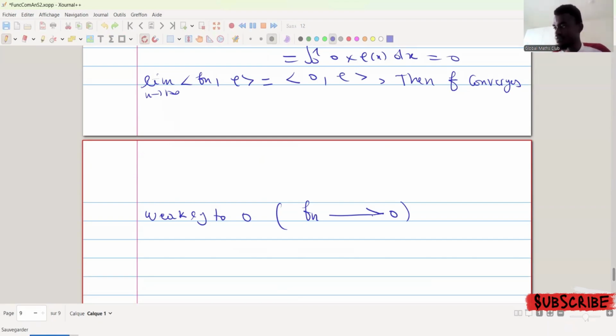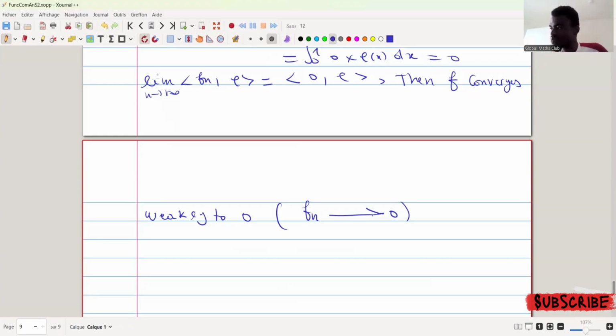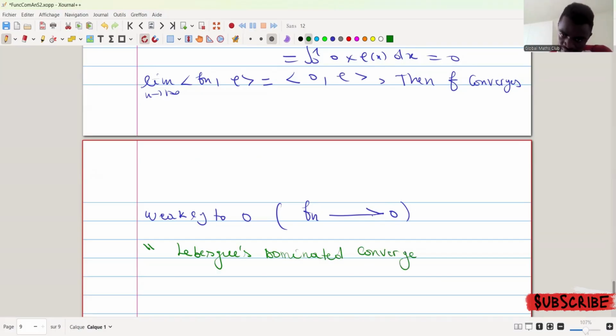So I'm going to record the dominated convergence theorem for you. Normally, I know that you know it, but it is useful to record it. So, the Lebesgue dominated convergence theorem.